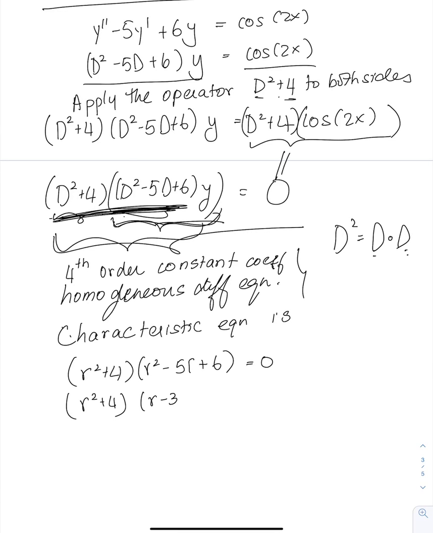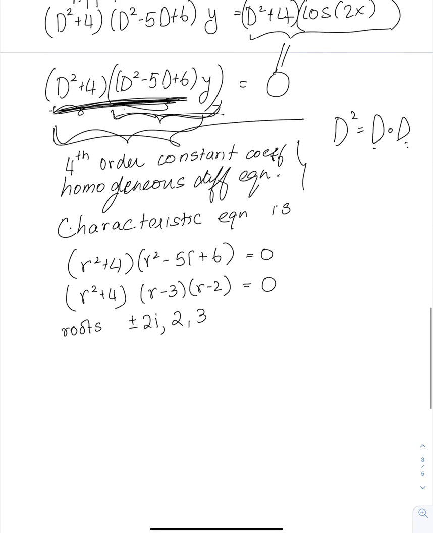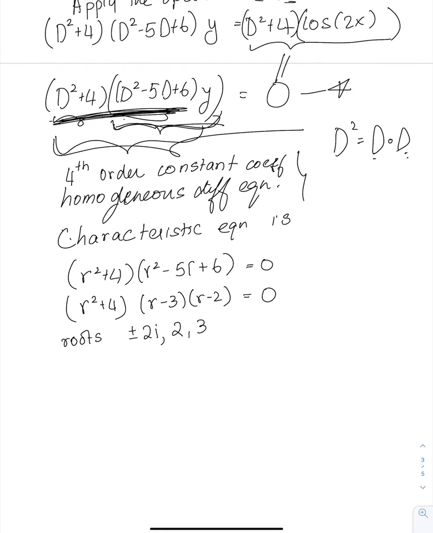R minus 3 times r minus 2. That part will be there. So what are the roots? Roots are plus and minus 2i, right? 2 of those. 2 and 3. Okay, so what's the general solution to this equation?